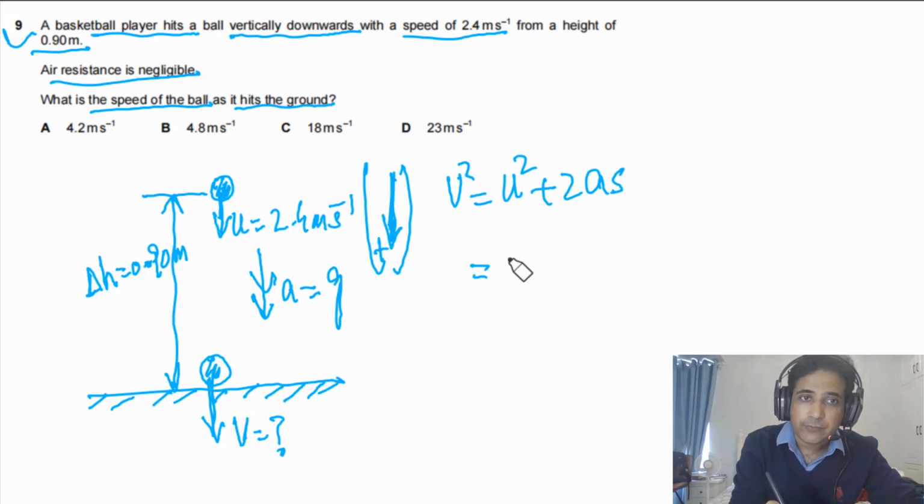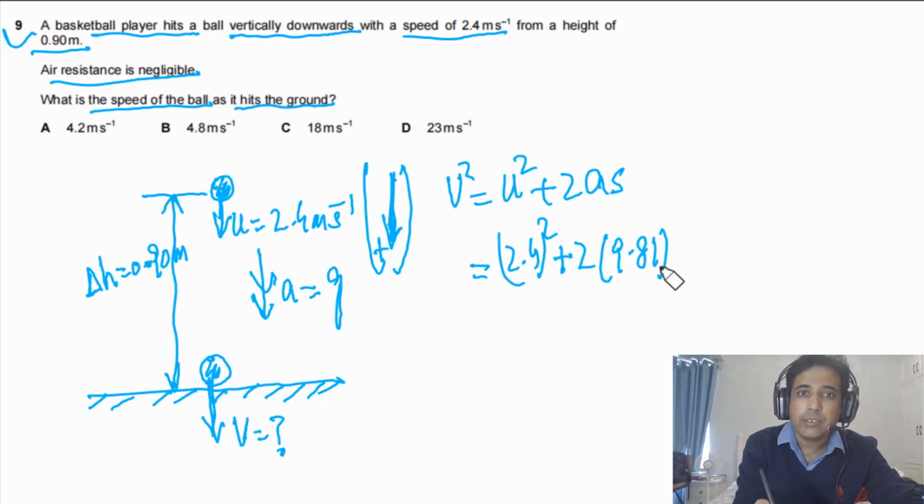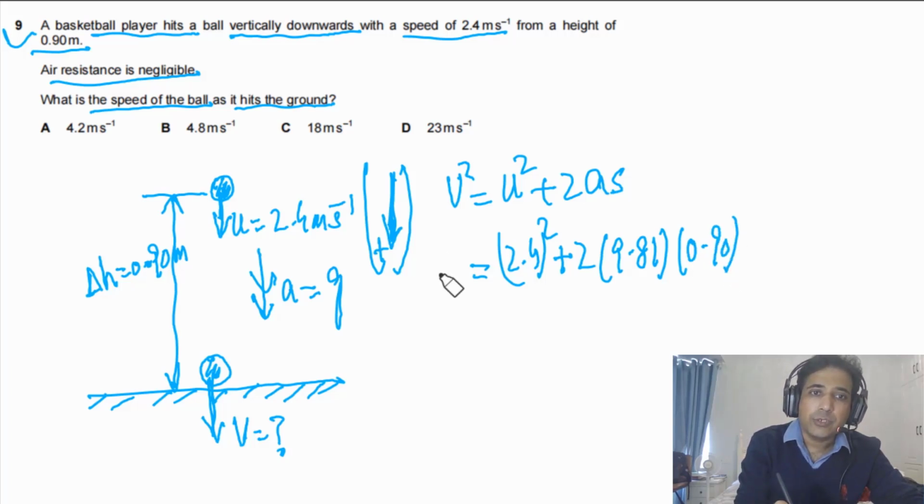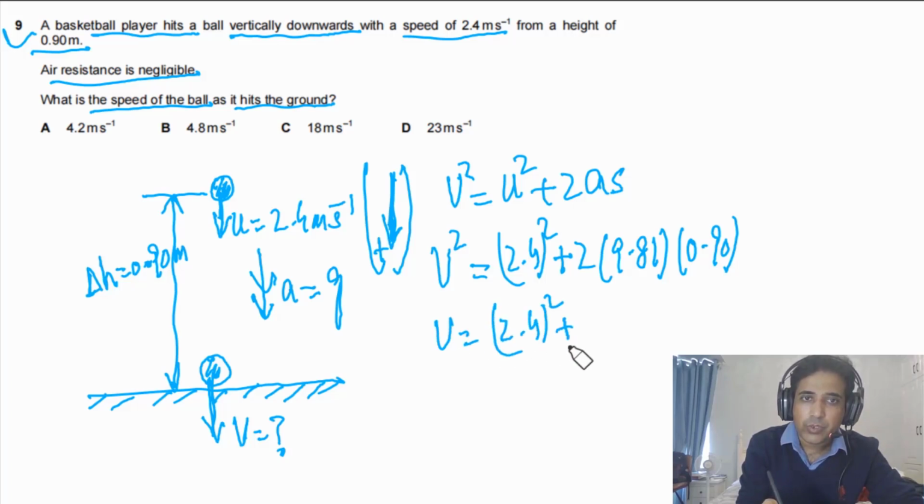In this case, the value of u is given, that is 2.4, so this is 2.4 squared, plus we have 2, and a is 9.81, and s is given to us as delta h, that is 0.90. So we need to find the value of v. Simply, v will be equal to the square root of 2.4 squared plus 9.81 multiplied by 2 times 0.90.